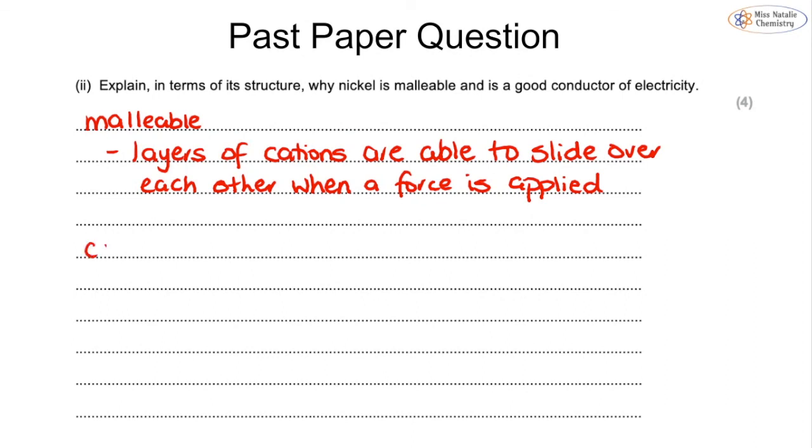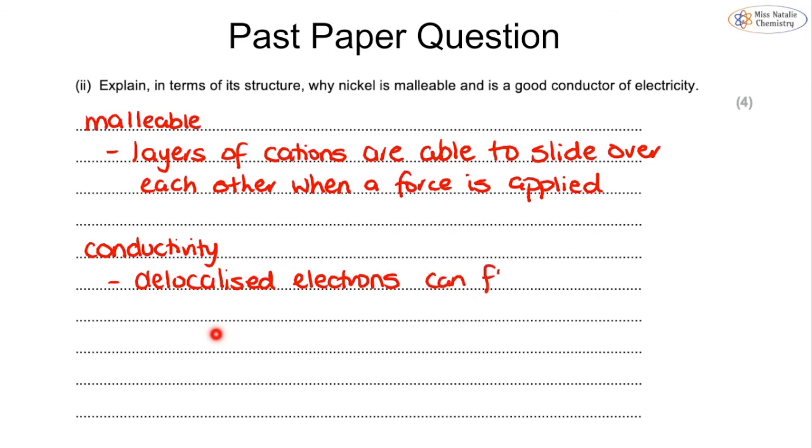And then the second part is looking at conductivity. We have conductivity because we have delocalized electrons that can flow when a potential difference or a voltage is applied.